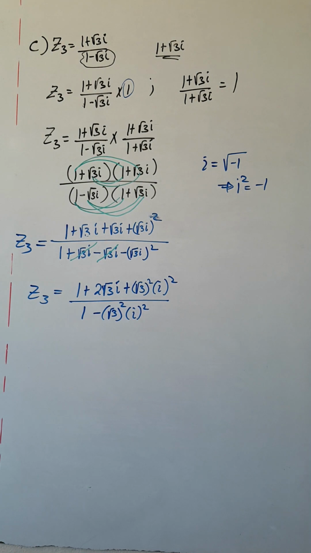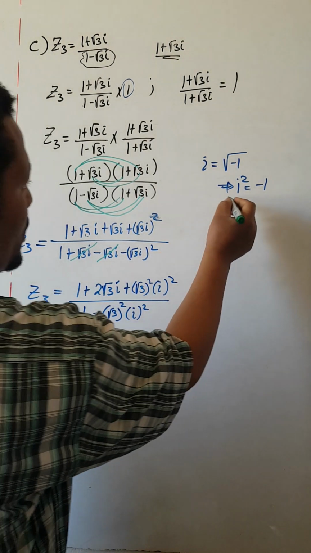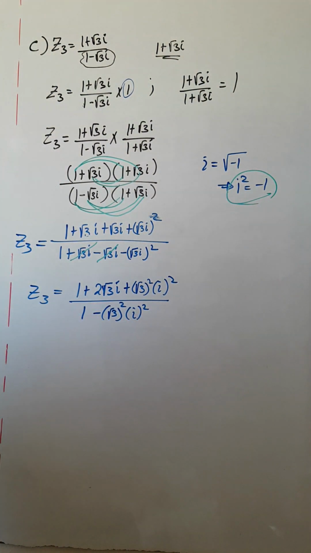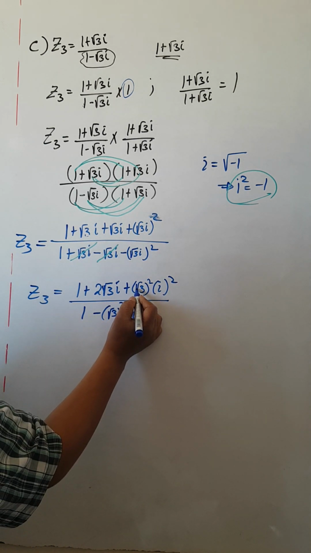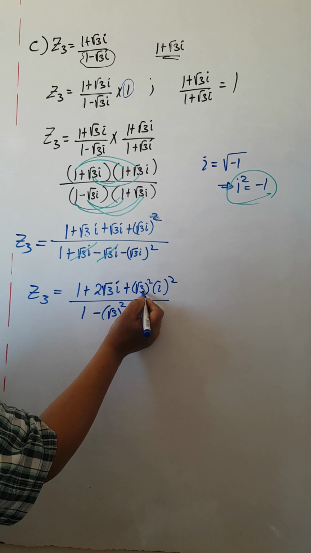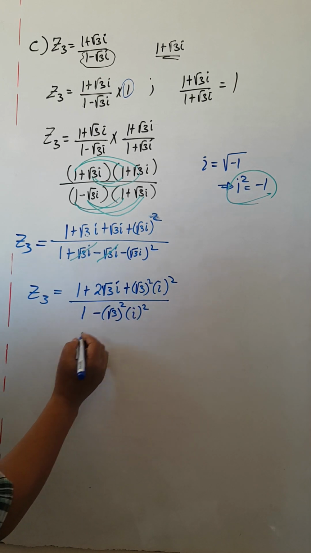Here we said that i squared is negative 1. So this is going to be out of the square root, and here we have negative 1.